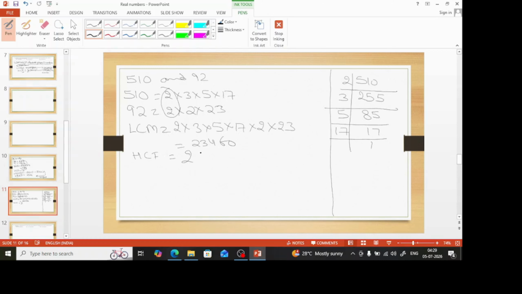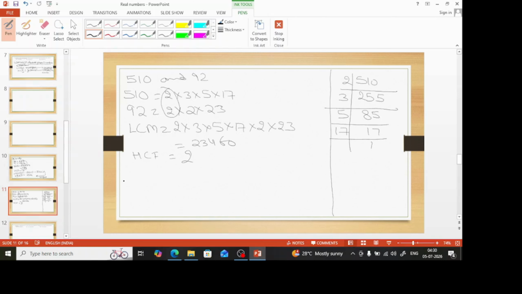LCM means 23460 is divisible by 510 and 92. HCF 2 means 2 will divide 510 and 92 both. There is no other number which will divide 510 and 92 except 2, and LCM 23460 is divisible by both 510 and 92.